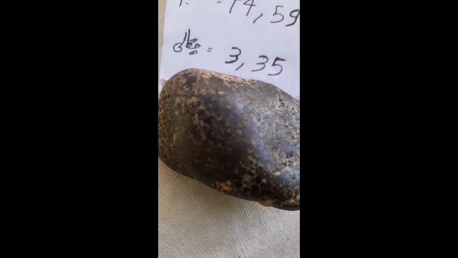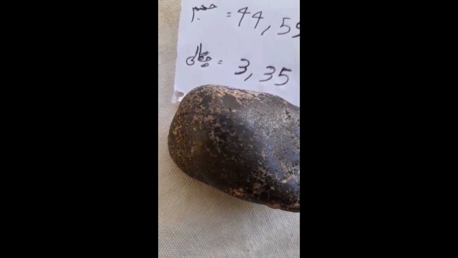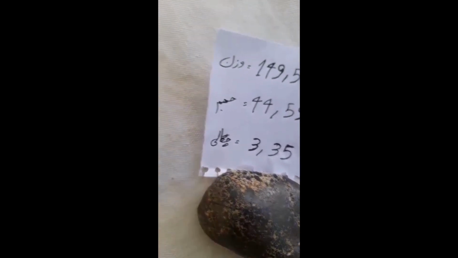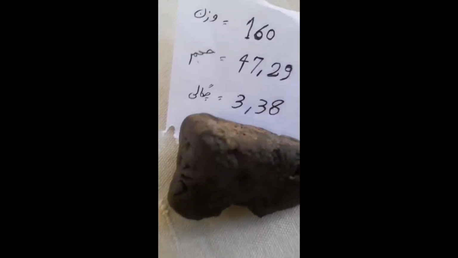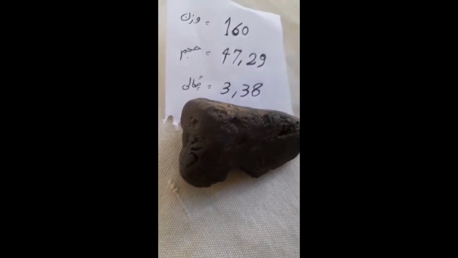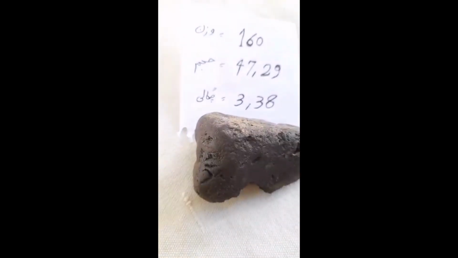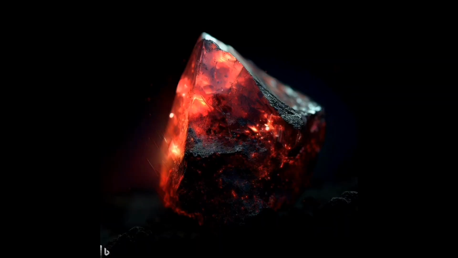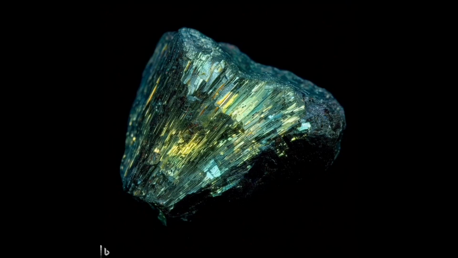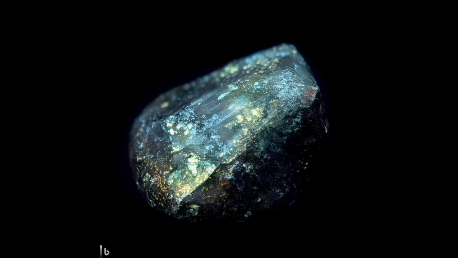Regolith can be compacted by repeated impacts or by gravity into a solid rock that contains clasts of different sizes and types. This type of breccia is called regolith breccia, and it is common in asteroidal meteorites such as chondrites and achondrites.